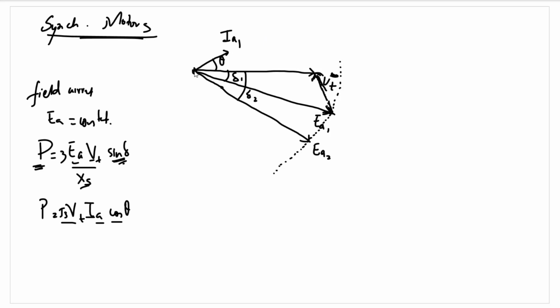That also means that IA has to increase in such a fashion, like this. The angle theta has to decrease for cos theta to increase.